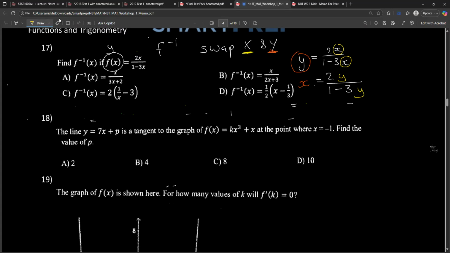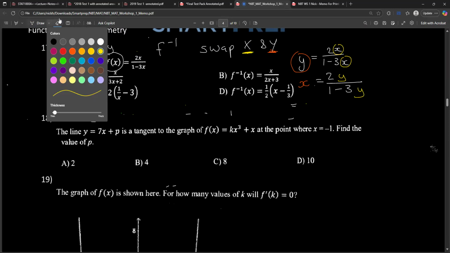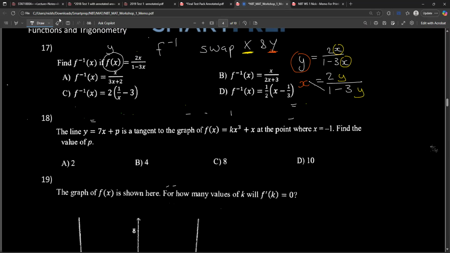Okay, now we have to make y the subject of the formula. So we have to get y by itself. What we have to do is cross multiply. So we take this 1 minus 3y to the top of the other side.